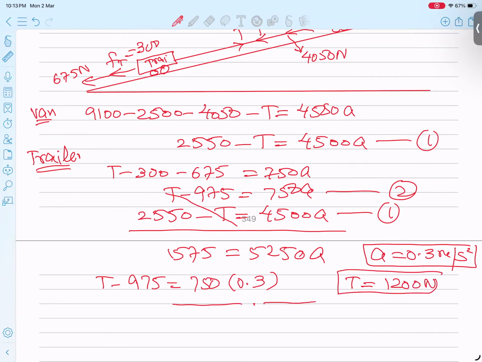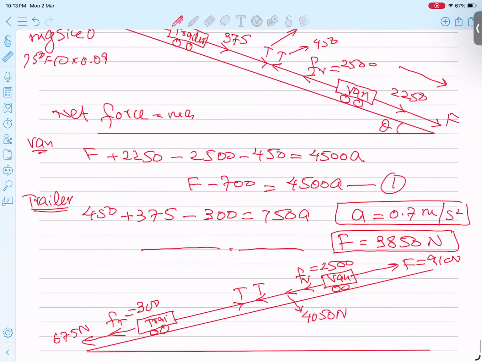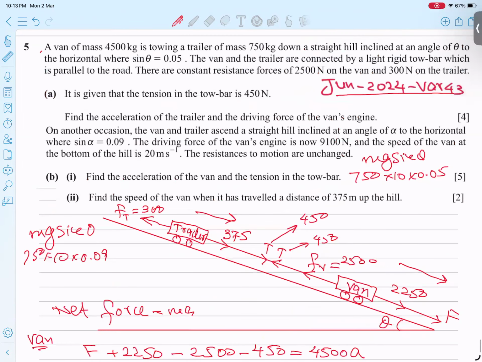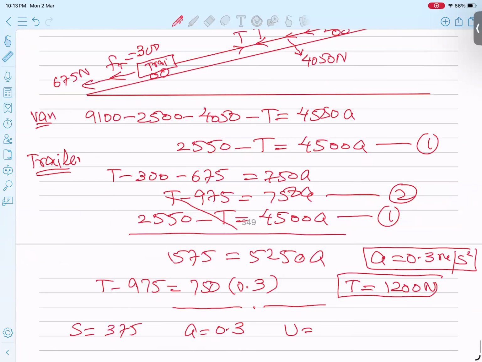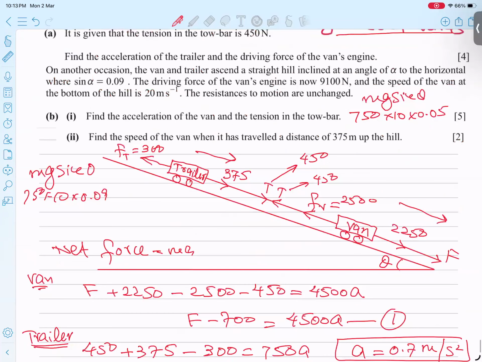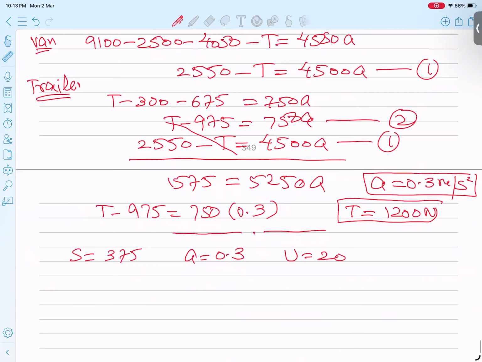So I believe all points are very clear. Alhamdulillah Rabbil Alameen. Last part. You know, the speed at the bottom is 20. He is asking the speed at the top when it has traveled 375 meters distance. So distance is 375 meters. Acceleration we got 0.3. And starting velocity u is how much? Let me check. 20. And we are looking for the last velocity.